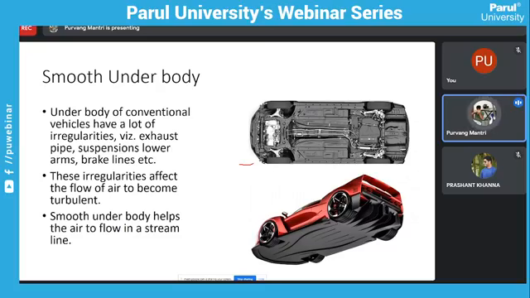If your main purpose is to make a race car or sports car, what you tend to do in that situation is you want a smoother underbody. With this smoother underbody, it will help keep the flow of air laminar, and it will prevent it from becoming turbulent. So secondly, we try to make our vehicle's underbody smoother.